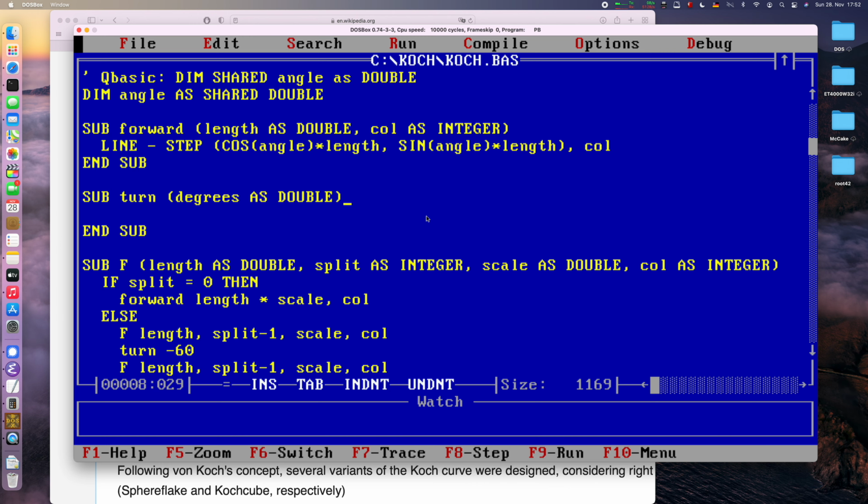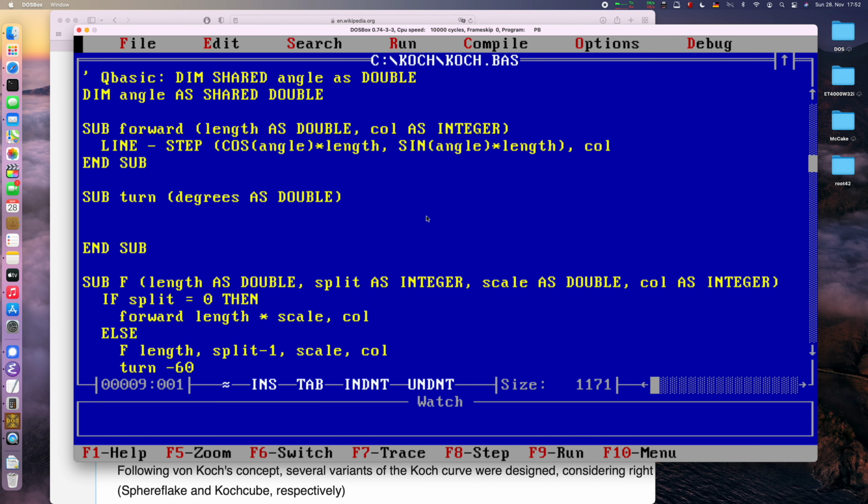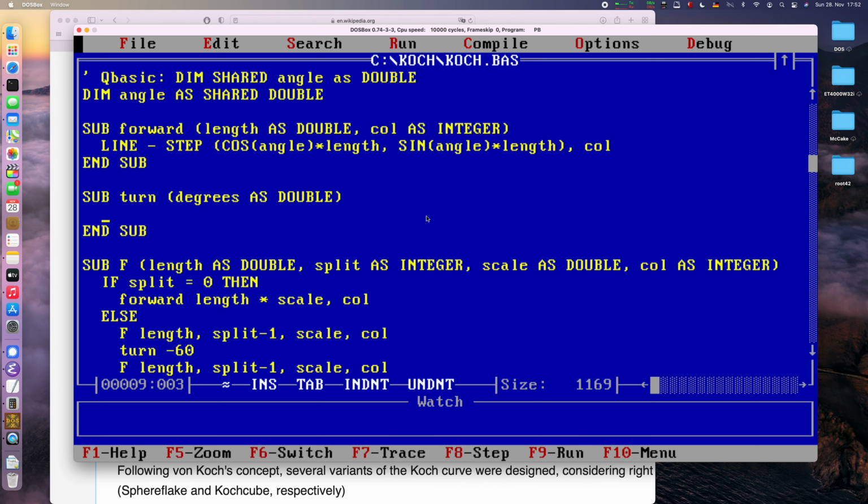And then the turn is actually not that hard. Turn is basically just updating the angle, and that will do angle plus the degrees. But we need to have this in radians for the cosine sine function. So we will be doing a multiplication here by pi, 3.14159265, divided by 180.